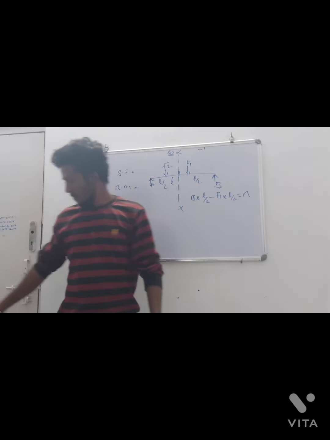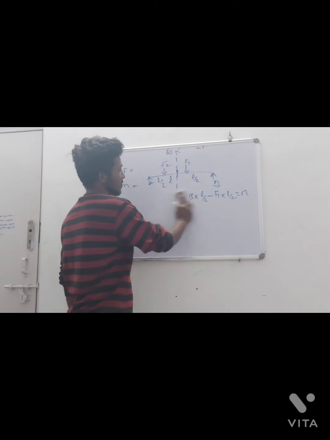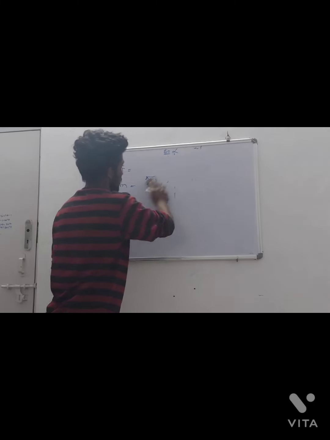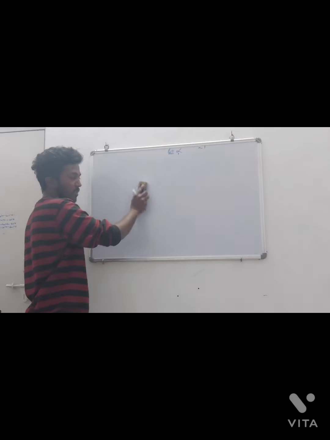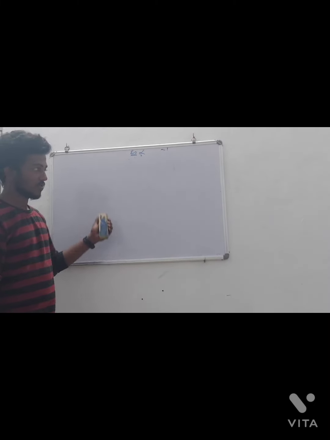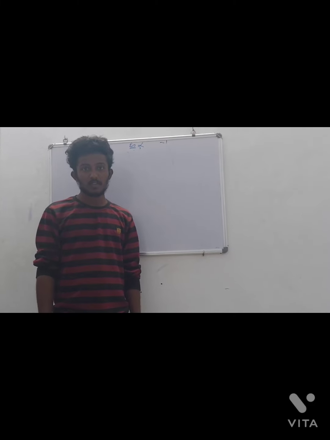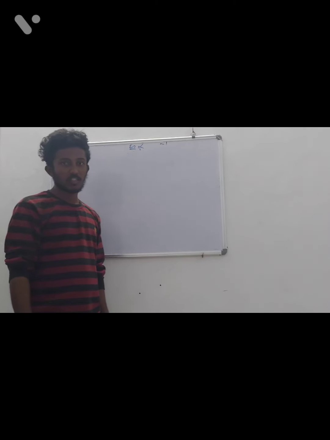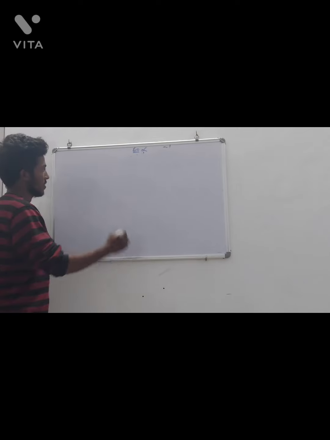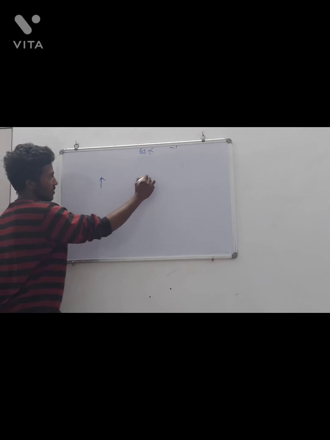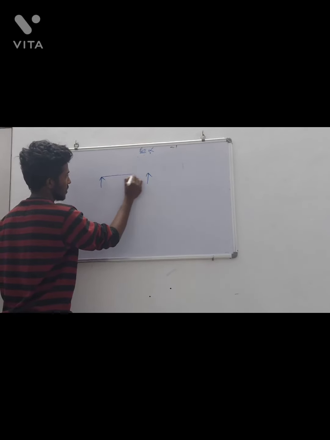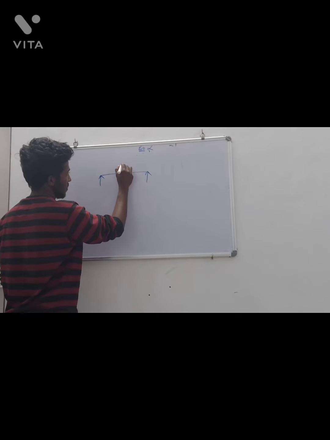So now we will discuss the shear force and bending moment diagrams. Now the shear force and bending moment diagrams for different beams along with different loads, that means point load and UDL. So now I am taking the simply supported beam having a point load at the center.